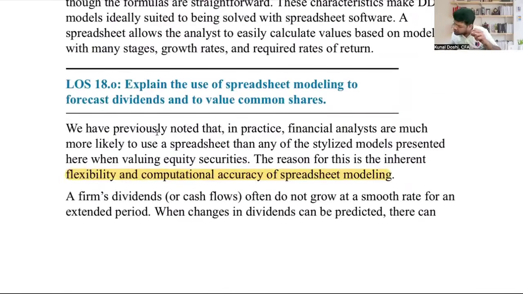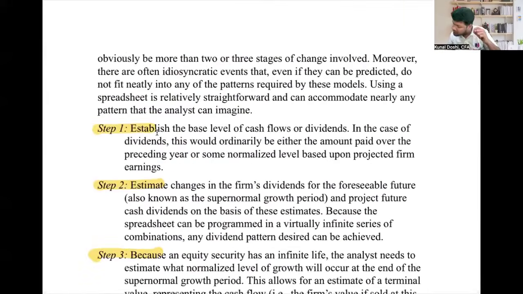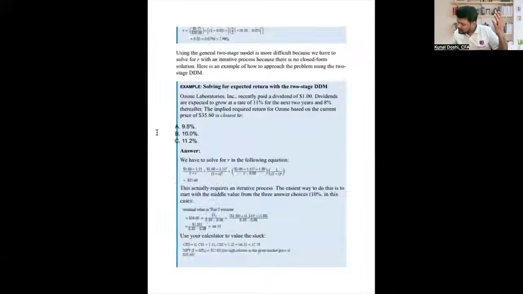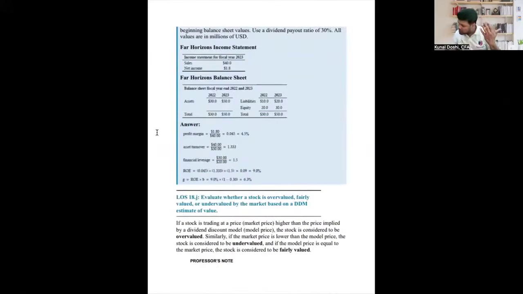They have also mentioned that a spreadsheet can accommodate nearly any pattern that the analyst can imagine. So this is what the spreadsheet model is, where you can accommodate any pattern that you feel like. Got it, everyone? All right. Otherwise, the topic is easy. All the questions we can derive. They've used sustainable growth rate using ROE and so on, right?